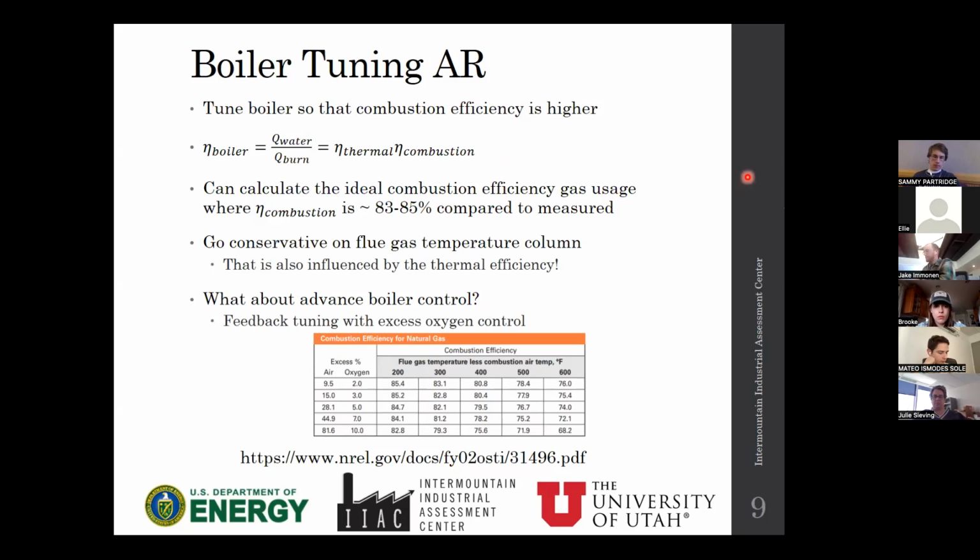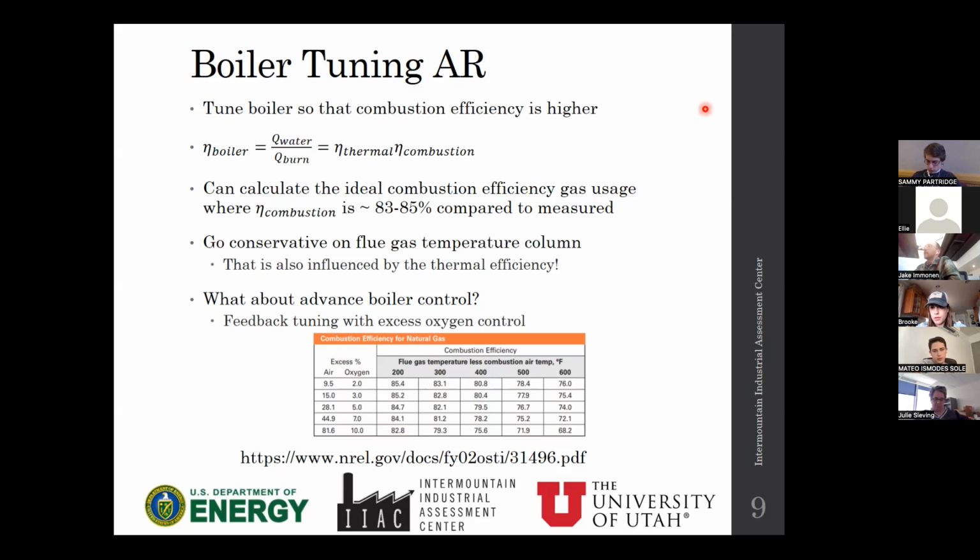Okay, so moving on, we'll talk about now using data from the Flue Gas Analyzer. We took our measurement on site, and now we have this good data for the flue gas excess oxygen content and its temperature.